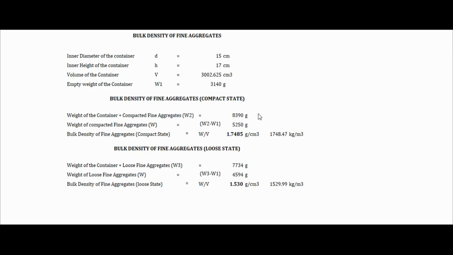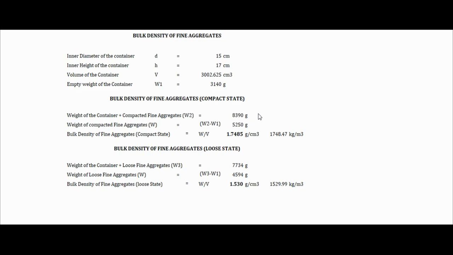Therefore, bulk density of fine aggregates in loose state is equal to W3 minus W1 divided by V, where W3 minus W1 is equal to 4594 and V is 3002.625, which gives us a value of 1.53 gram per centimeter cube or 1530.00 kg per meter cube.